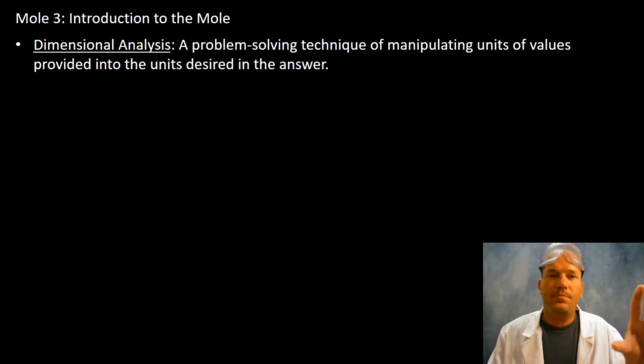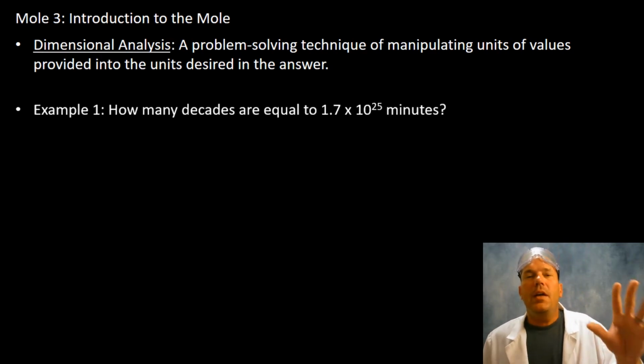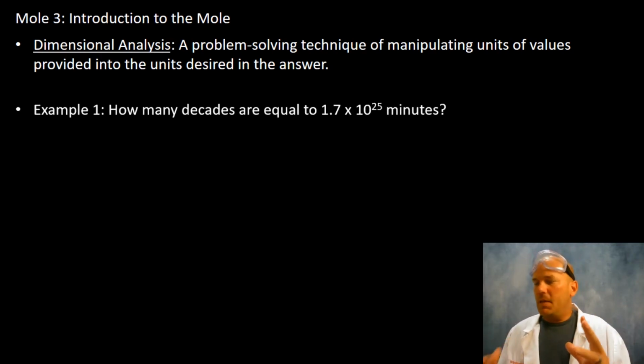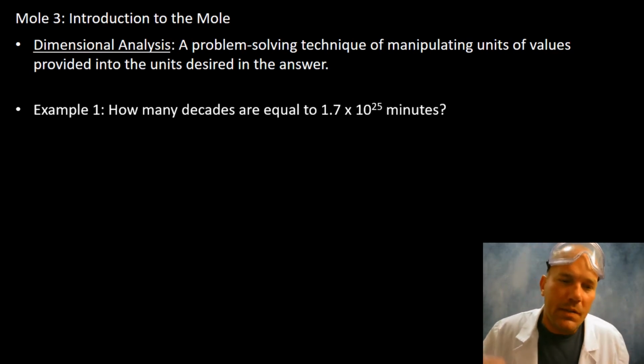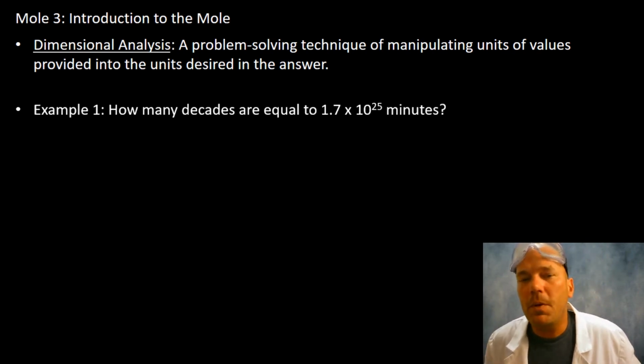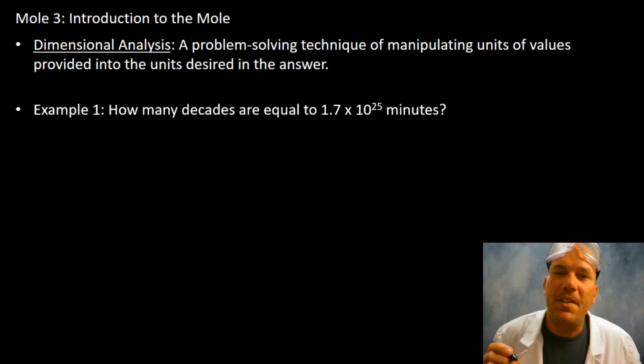All right, so I'm going to go through an example to make a point here. Our example is asking how many decades are equal to 1.7 times 10 to the 25th minutes.